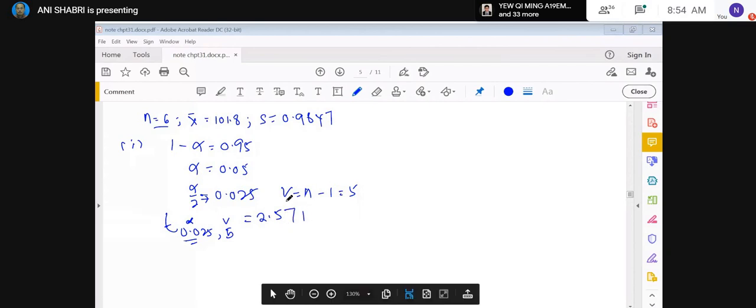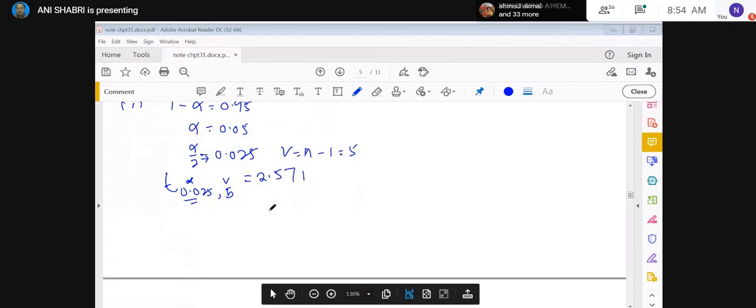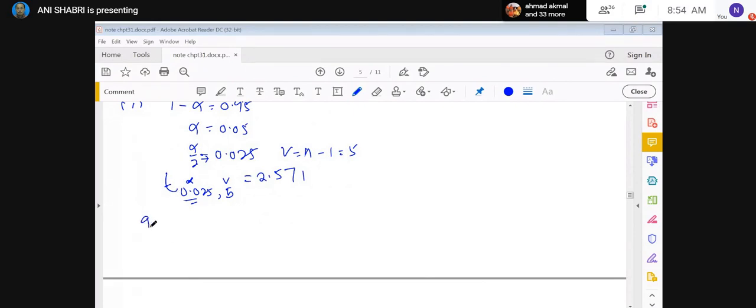After we get this one, we can put the value into the formula. The 95% CI on mu is equal to x bar plus or minus t alpha over 2, v, times S divided by square root of n.